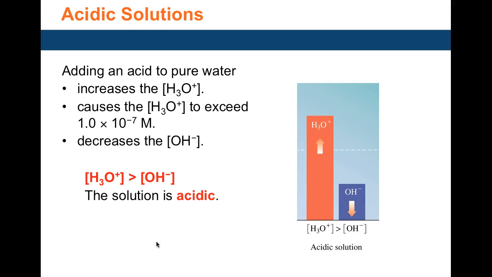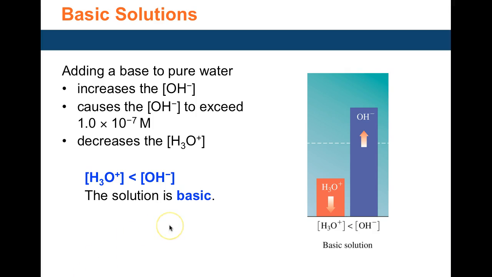However, when you have an acid solution, you can see that the H3O plus concentration is much greater than the OH minus concentration. That means it's going to be greater than 1 times 10 power negative 7. So it could be anywhere between 1 times 10 power negative 1 to 1 times 10 power negative 6, anything greater than 1 times 10 power negative 7. What happens when it's basic?